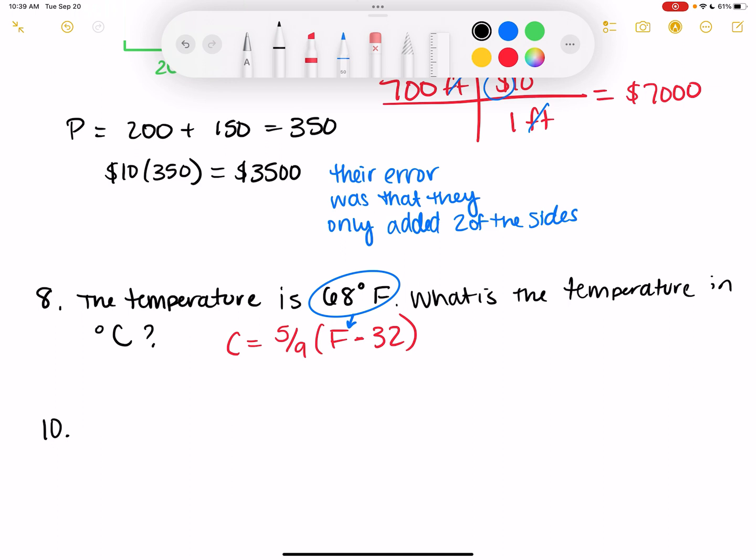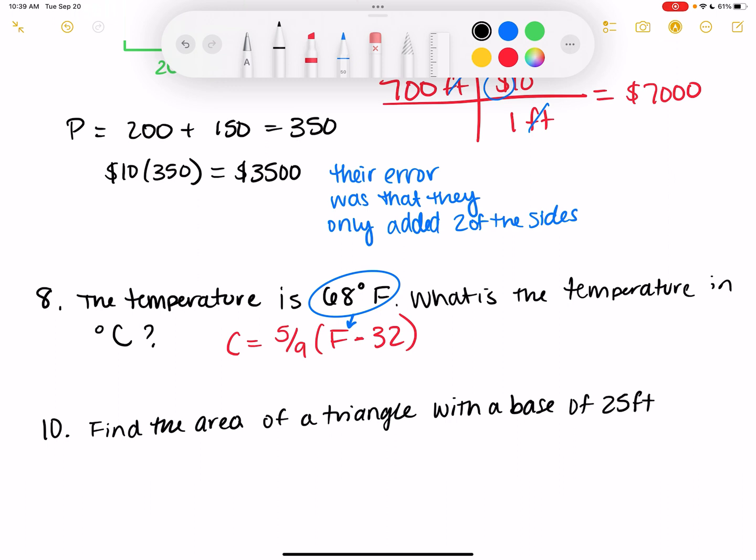All right, number 10 says find the area of a triangle with a base of 25 feet and a height of 8 feet. So, what am I trying to solve for here?